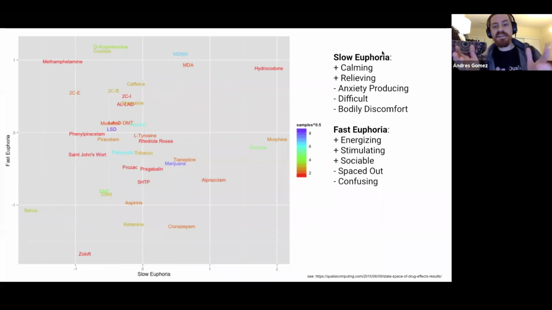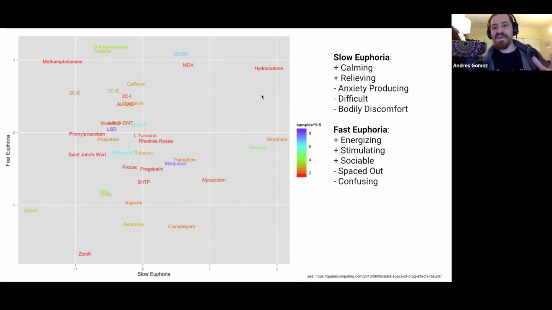Interestingly, we have three core valence-related axes, which give you a sense of the space of possible effects you can get from substances. There were actually 6 dimensions that emerged, but three of them are valence-related.